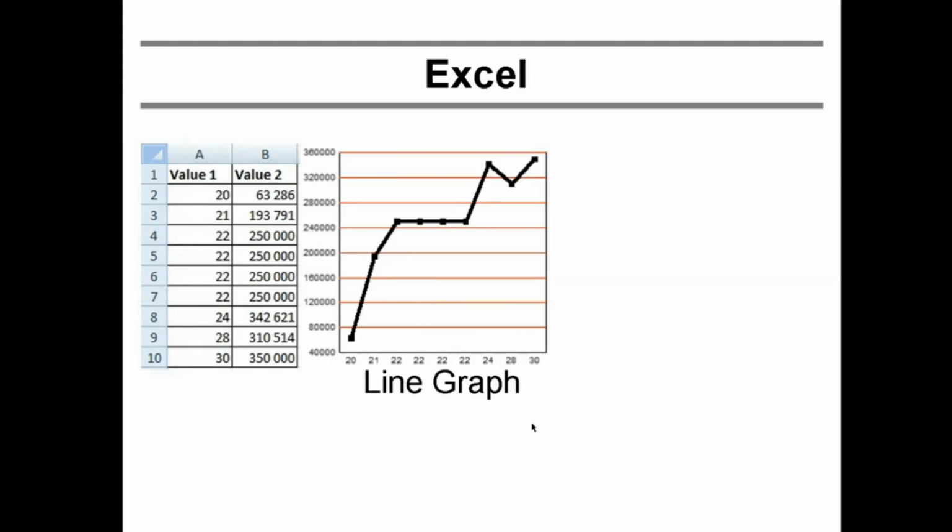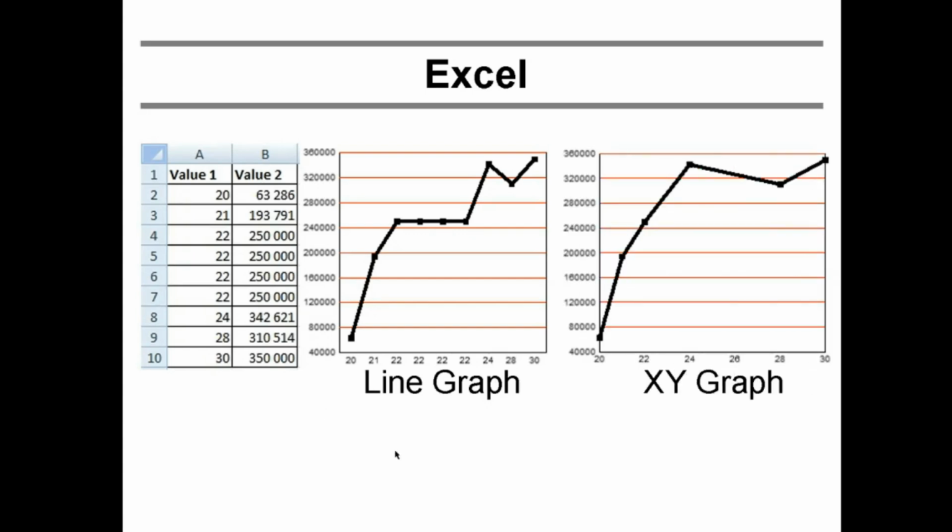So I'm going to have 2 values here in my little columns, A and B, and see what's going on. The first plot here is a line graph, and you can see what's going on in a line graph. What if I did the same and plotted that in an XY scatter plot? My graph looks different. What's going on?